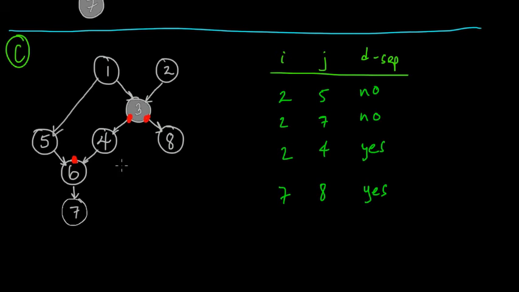I hope this little trick helps, because remembering these rules is the hardest part. I think this is a neat little trick: using these little red stop signs to annotate where you can't pass through is a really neat way to immediately read off these d-separation properties from the graph.